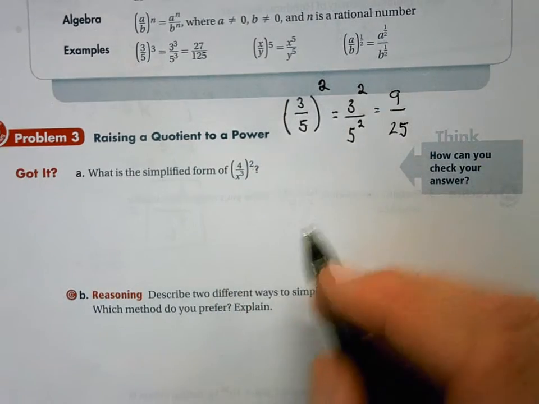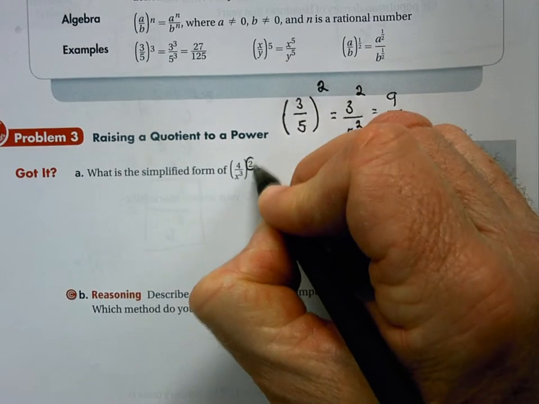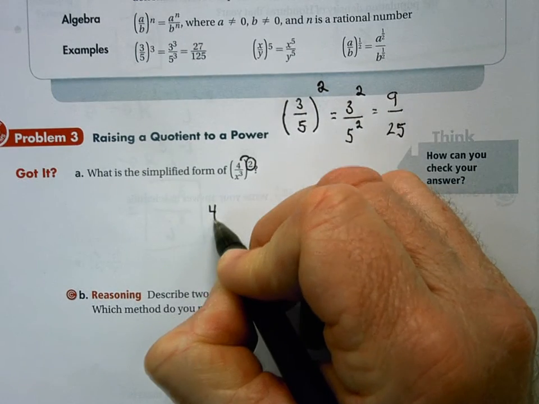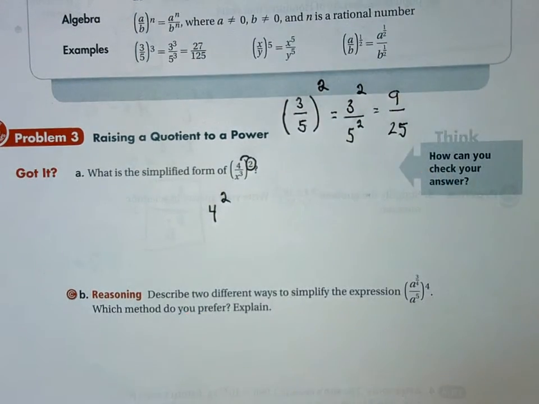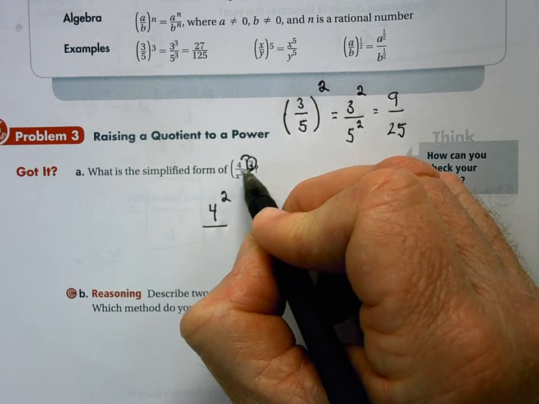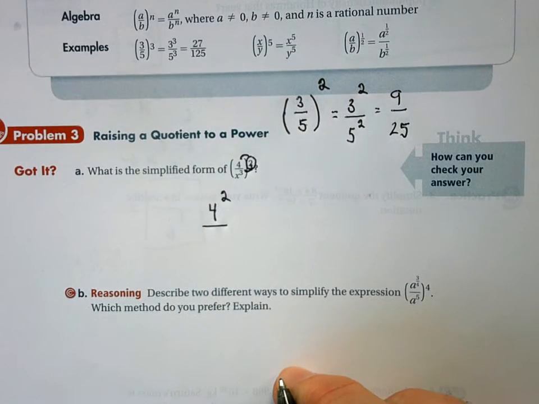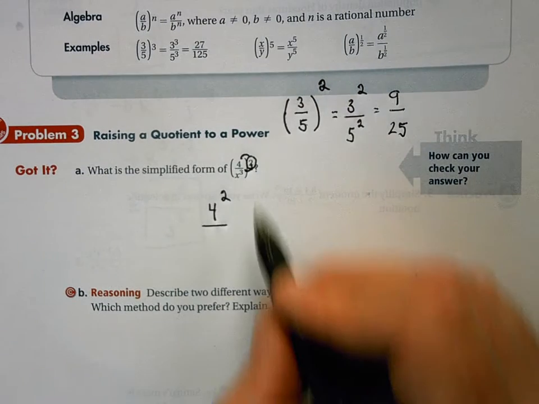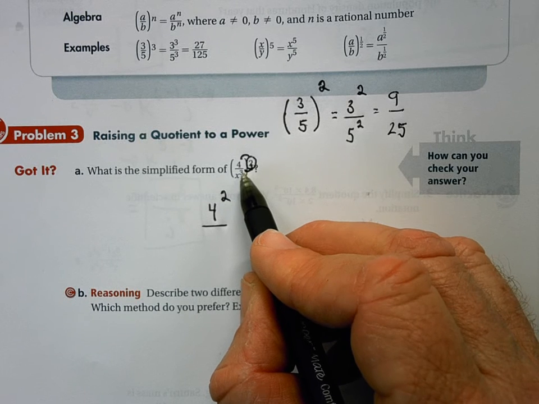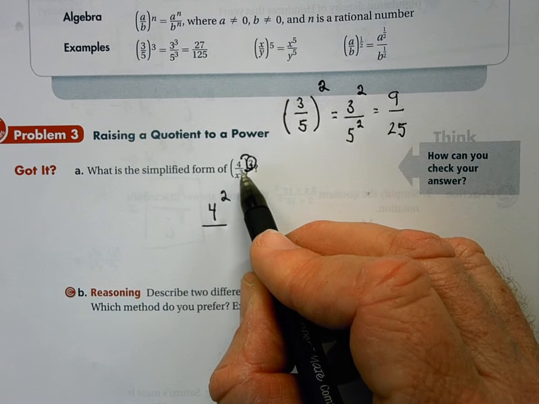Okay? So this exponent of 2 applies to the 4. So if I were to simplify this problem, it would become 4 to the 2nd power. And then this outside exponent of 2 also applies to the 3. Now, what do we do with an outside exponent of 2 and an inside exponent of 3? You multiply.